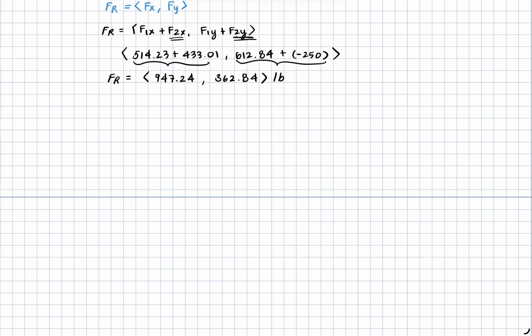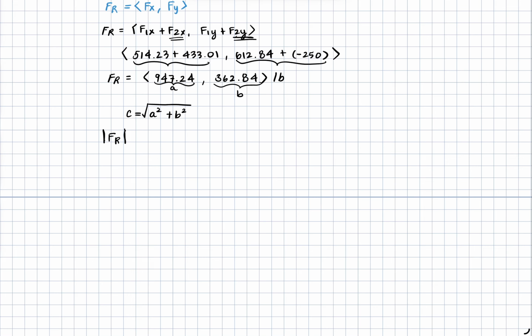Well, all I need to do is the Pythagorean theorem. I'm going to label this as A and this as B. We know that the Pythagorean theorem states that C equals the square root of A squared plus B squared. And if C is really the magnitude of my force vector, the magnitude is denoted by these absolute value signs.